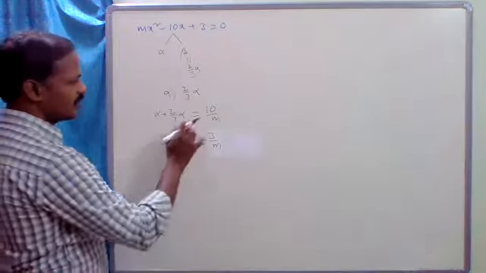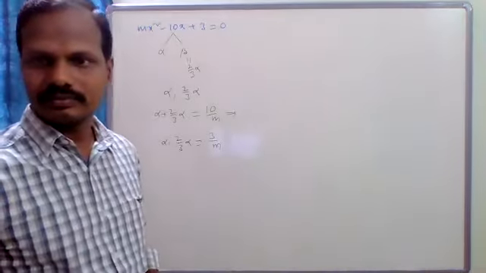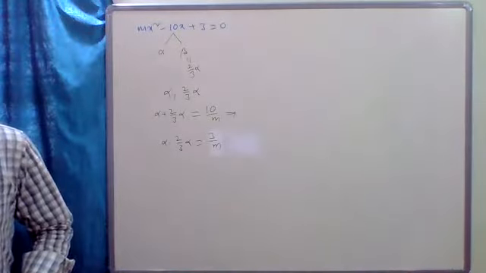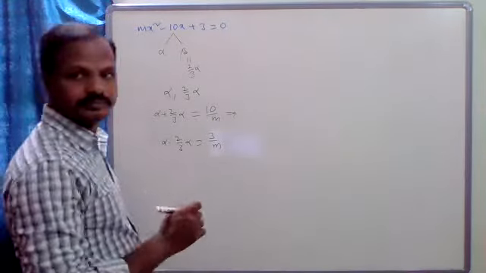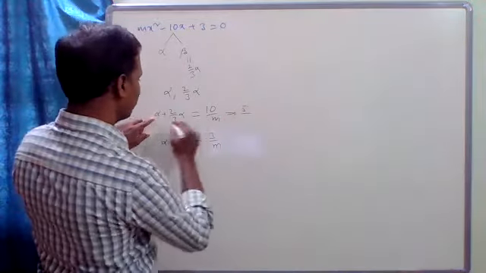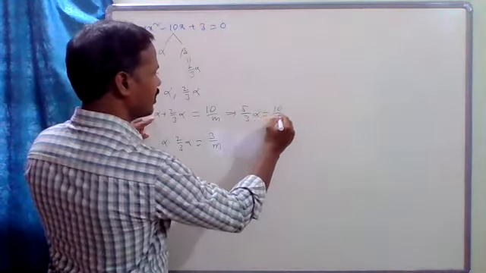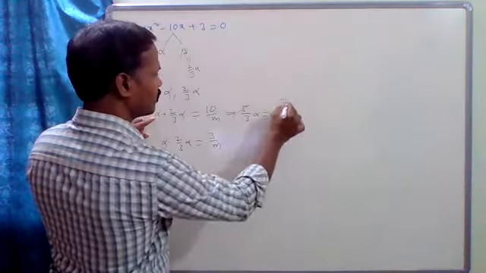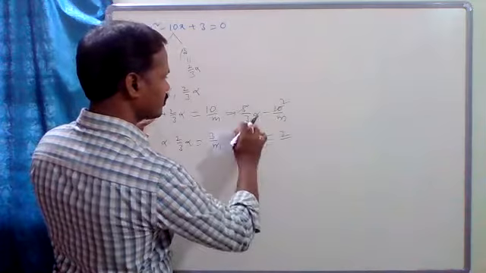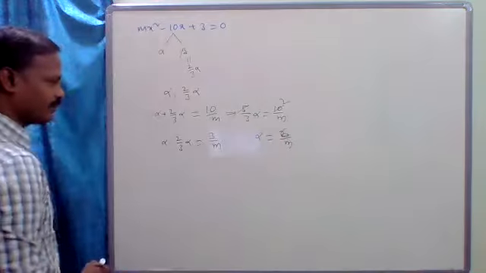Now from this, 5/3 alpha equal to 10/m, so alpha equal to 3 into 6/m, alpha equal to 6/m.